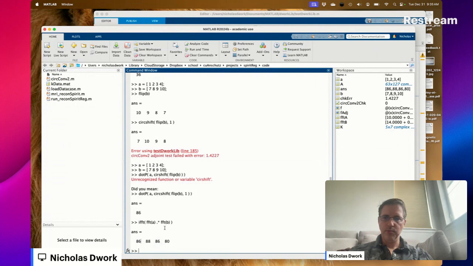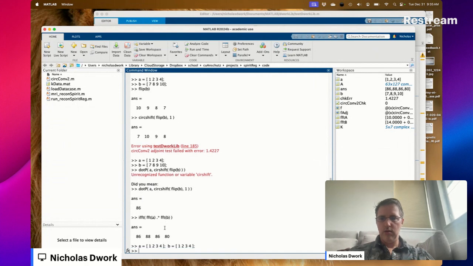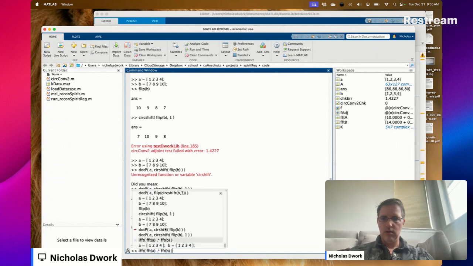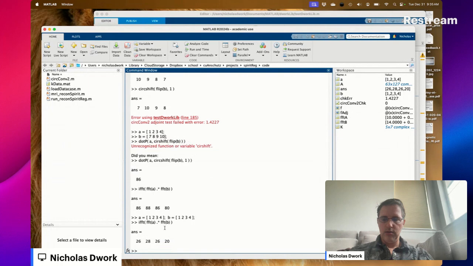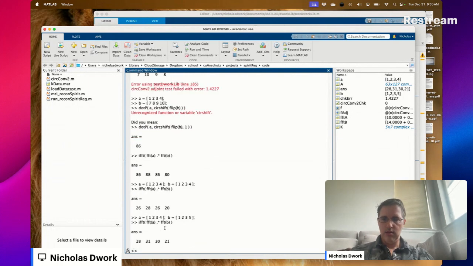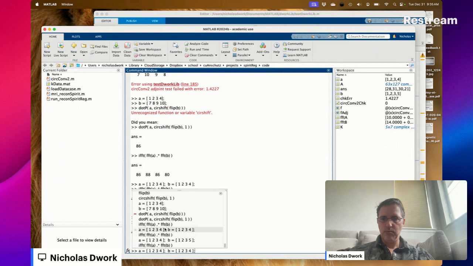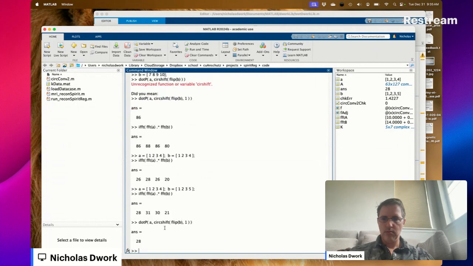Okay. Two 26s. Okay, we finally have unique numbers. Okay.